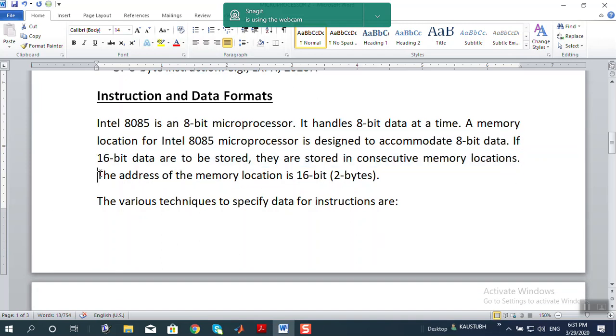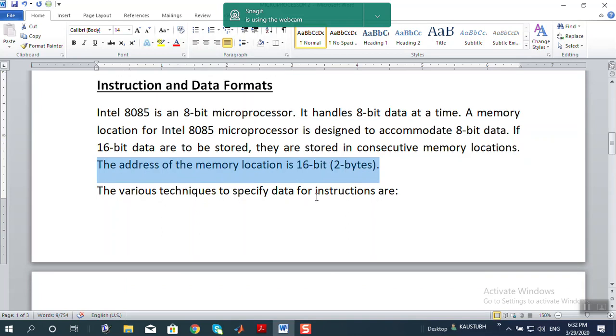And you know already the address of a memory location is 16-bit, that is 2 bytes. Now, how will the 8085 or any other microprocessor identify where its data to be operated on is? Ultimately the purpose of the processor is to operate on data based on the given instruction or opcode.